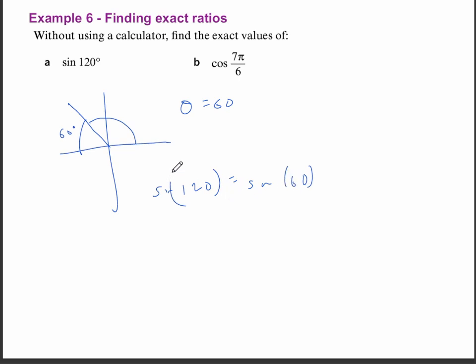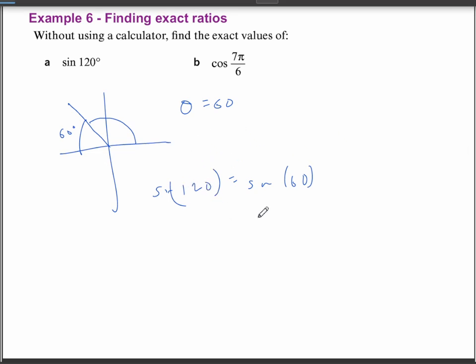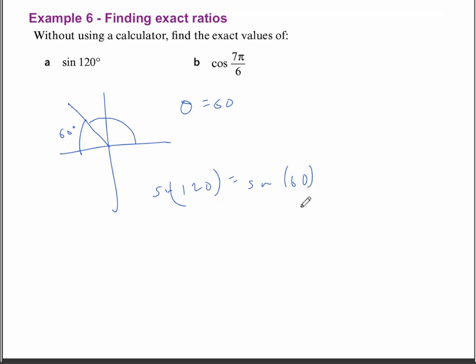And obviously it's going to be positive because it's in the second quadrant where sine is generally positive. And so the value of sine 120 is just value of positive sine of 60. And we know what sine of 60 is, which is root 3/2, which we got from the first slide that we did today. So sine 120 is just root 3/2.